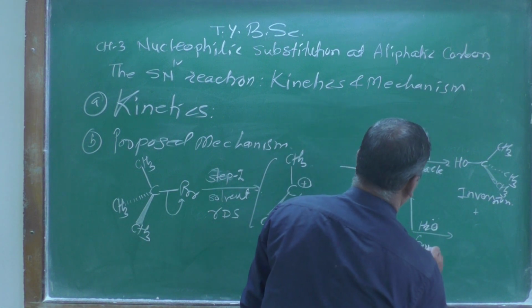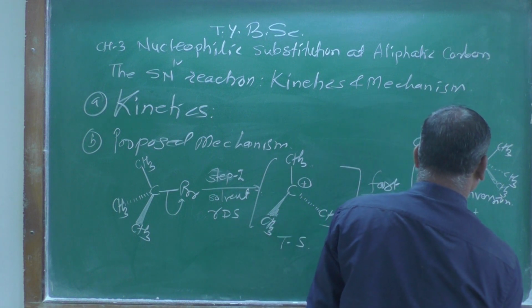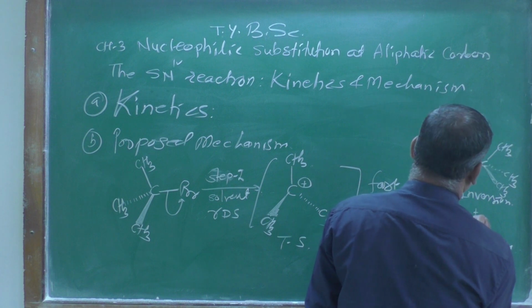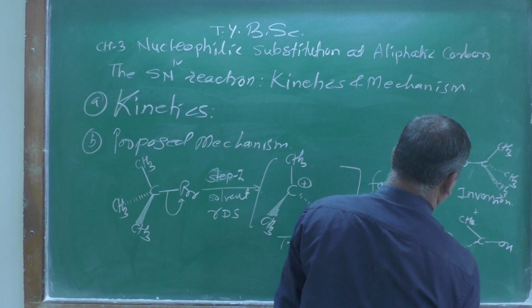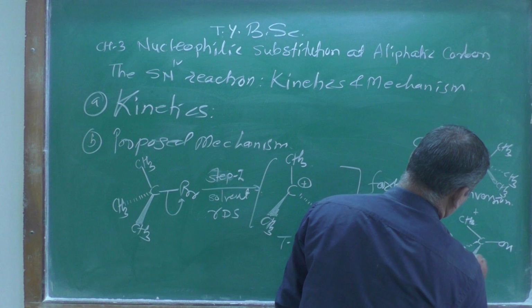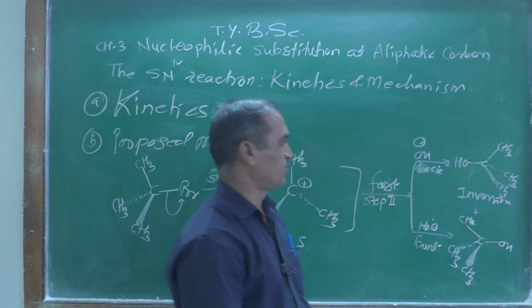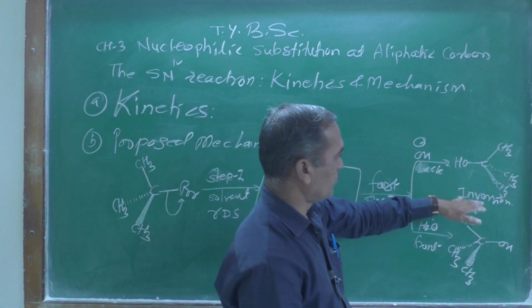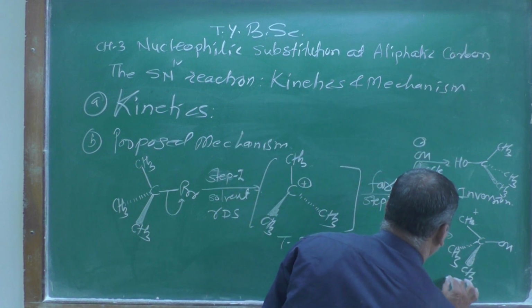And now when the nucleophile, which may be OH minus or used as a solvent, has a front side attack, what you are going to get here is OH, then one methyl group is here, one methyl group I am showing by dotted line here, CH3, another methyl group is over here, CH3. If you observe this reaction carefully, in the product one we are getting is an inversion product, second one is a retention product.